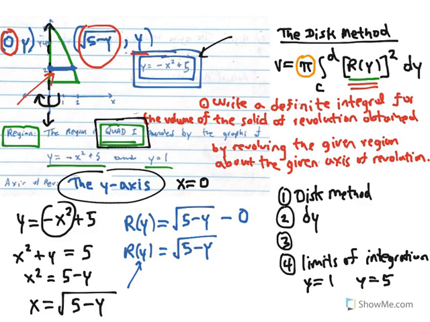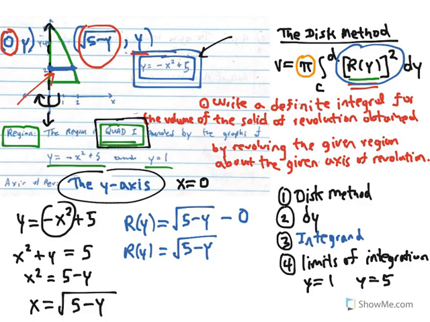It could be closer to the top, in which case the y values will be closer to 5. So that is r of y. And with r of y, you can write the integrand. What is it that you have to do to get the integrand? You take r of y and you have to square it, because that's what the disk method says you should do.